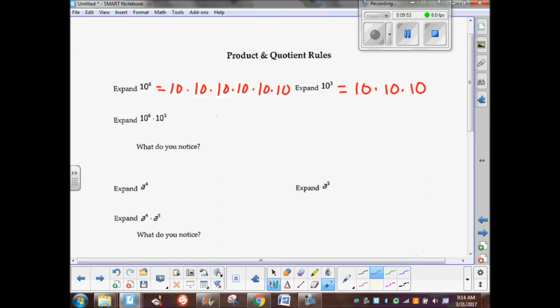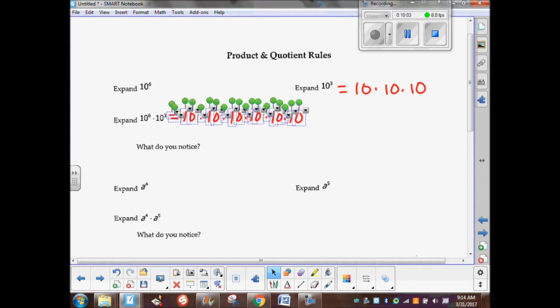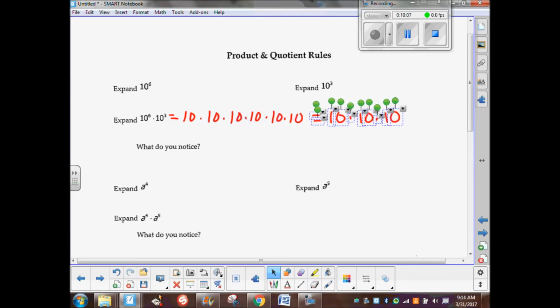So now it's saying expand 10 to the 6th times 10 to the 3rd. Isn't that just all of that, times, get rid of all of that. Let me get this out. Yes, it would.